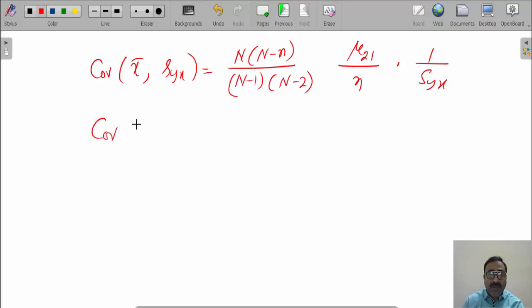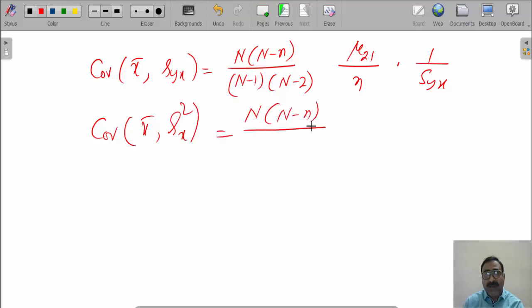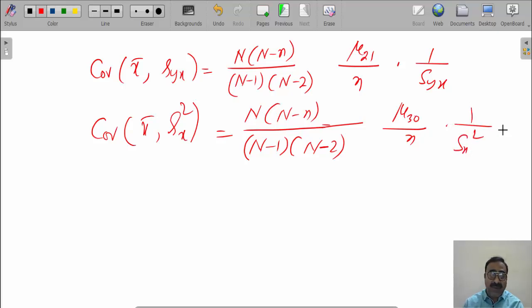Similarly, covariance between x bar and sx square, this is equal to (N minus n) by n into N into (n minus 1) into (n minus 2) mu 30 by n into 1 by Sx square.